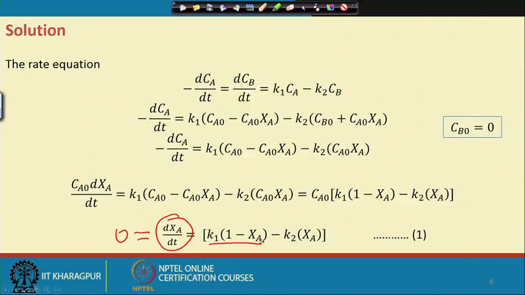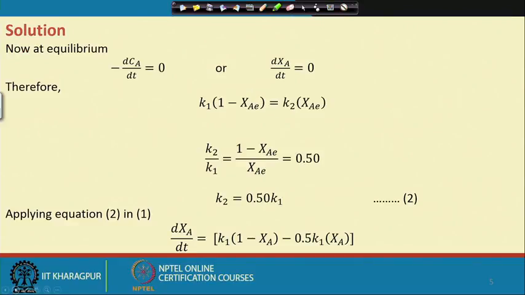So, I can write here, this is equilibrium condition and this is the equilibrium condition. So, what we have written here, this is k1 into 1 minus Xa equal to k2 into Xa.